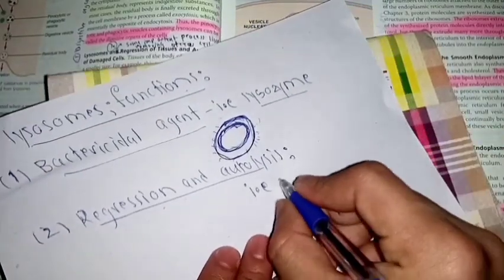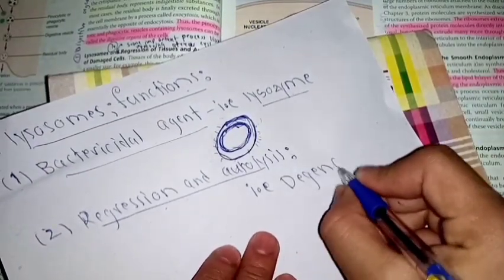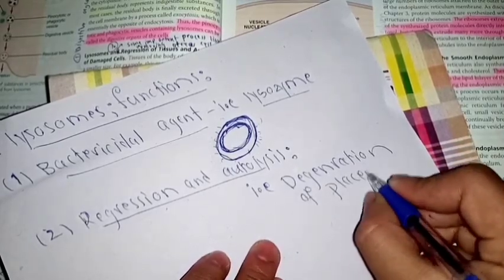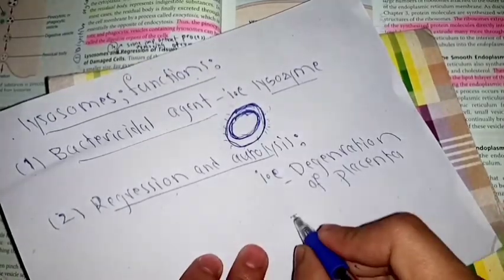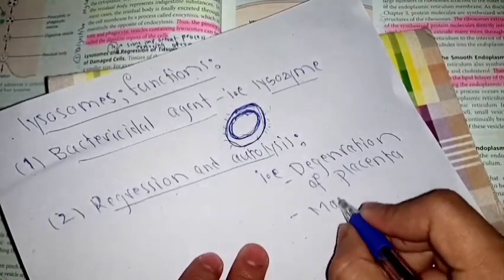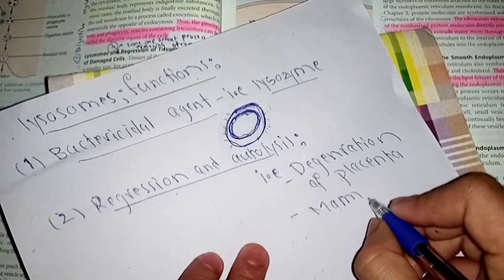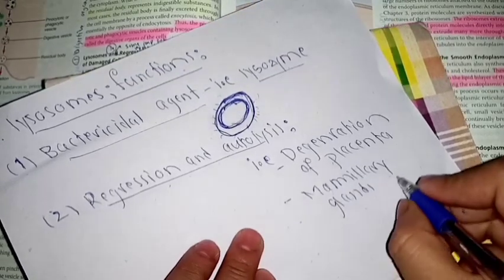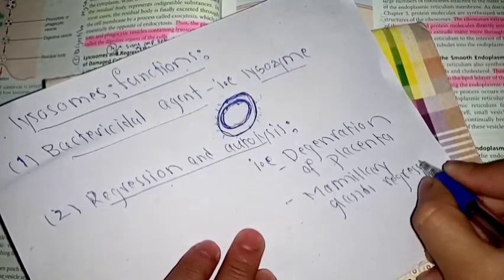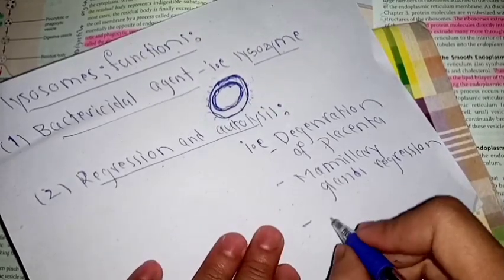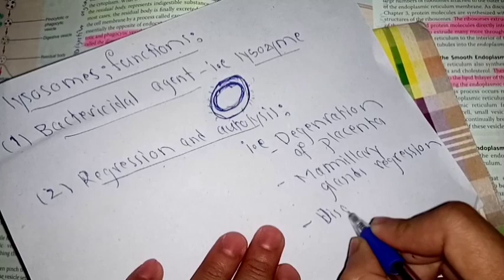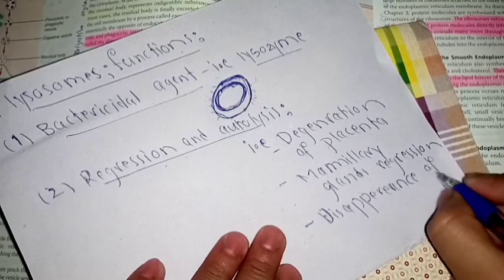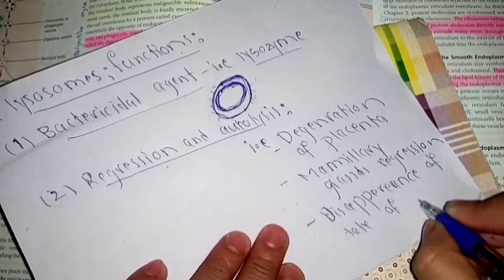For example, the degeneration of the placenta, this regression occurs through the lysosome; mammary gland regression; and disappearance of the tail of the tadpole.